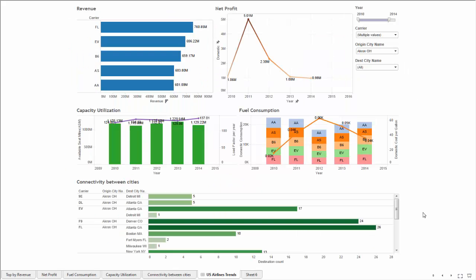The second dashboard is about the US airline trends, and this is intended for new entrants into the airline industry. This is for the entrepreneurs who just want to start a new airline carrier in the US.